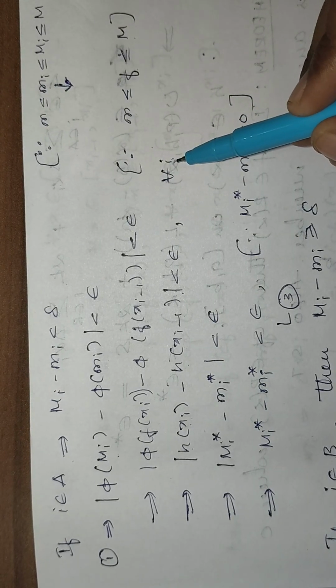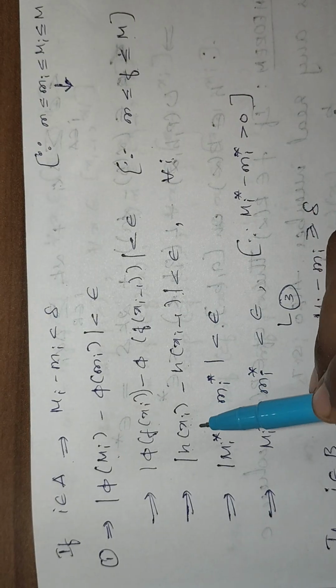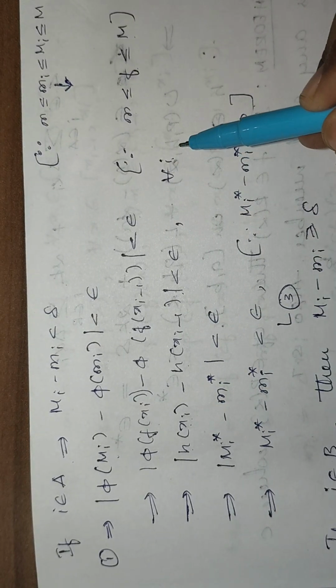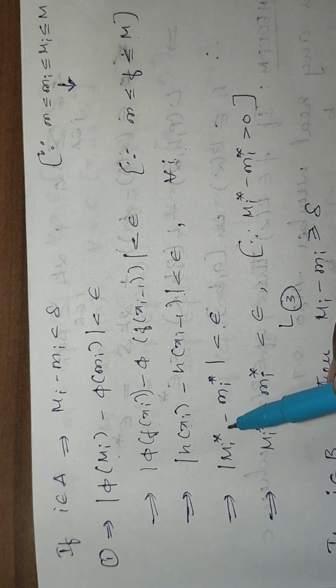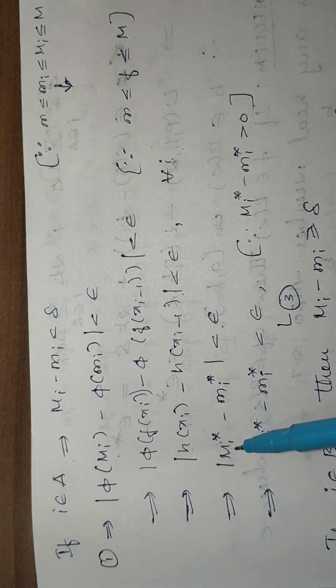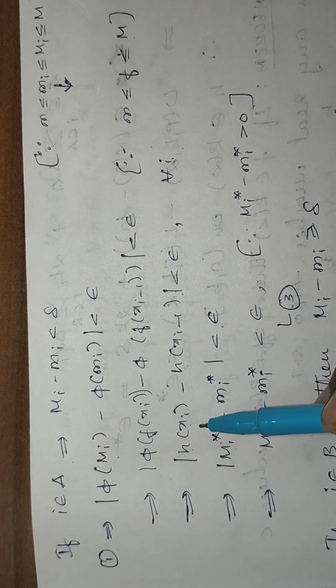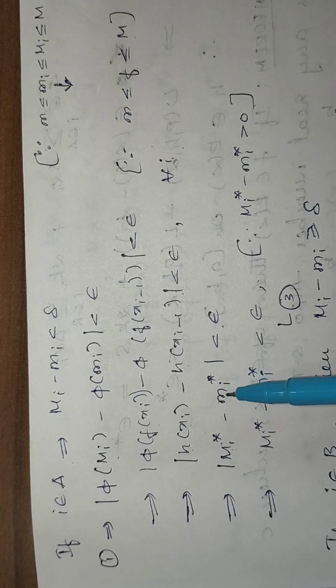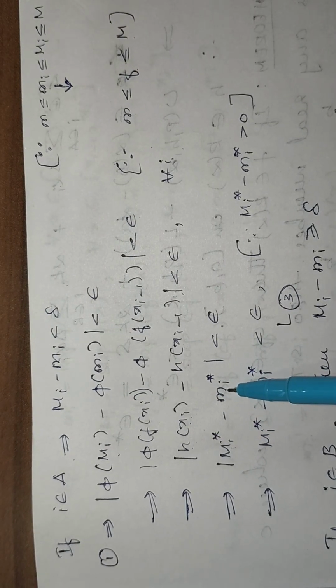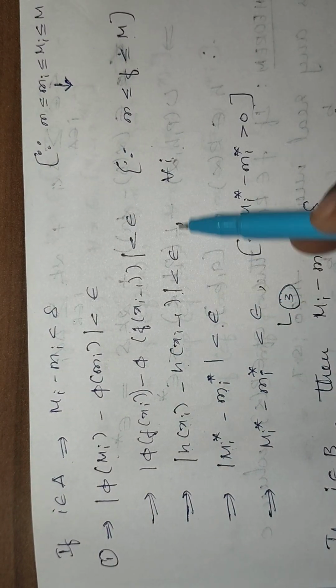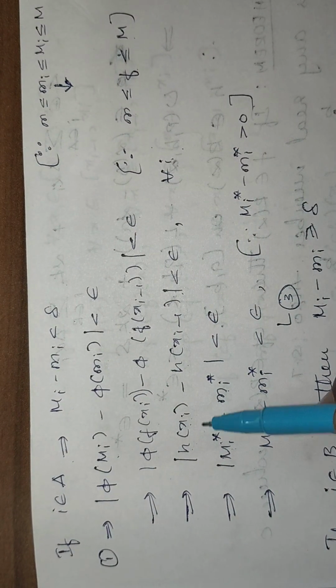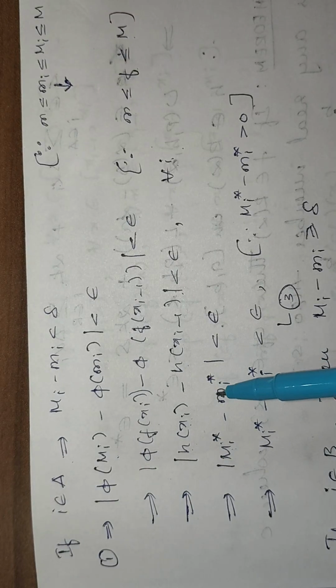So this holds for all I. And if this holds for all I, then it must hold for this also. This is the supremum of h of x in the interval xi minus 1 comma xi, and this is the infimum of h of x in the interval xi minus 1 comma xi. So if this is true for all I, then it must be true for this also.